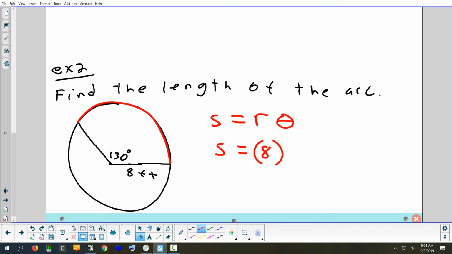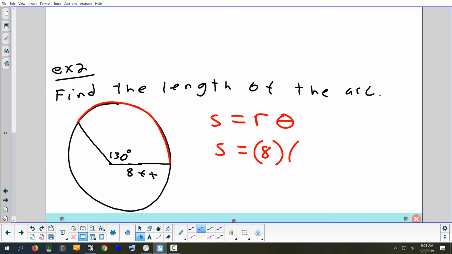Did anyone have any thoughts about that? You have to change that to radians. If you plug it in as 130, it will come out wrong, because this formula that we came up with wasn't based on doing anything in degrees. It's based on using radians.